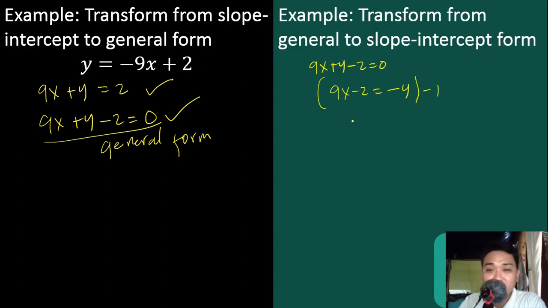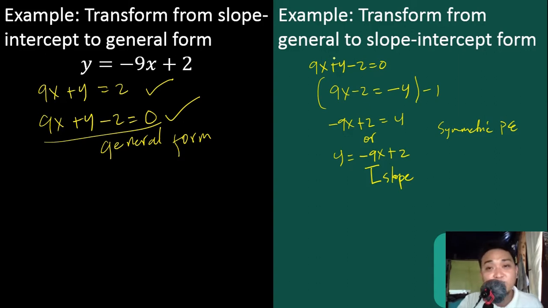That will become, or that is the same as, negative 9x plus 2 is equivalent to y. Or, by symmetric property of equality, that is also the same as y is equivalent to negative 9x plus 2. Ano yung slope? Again, ang slope natin is negative 9.